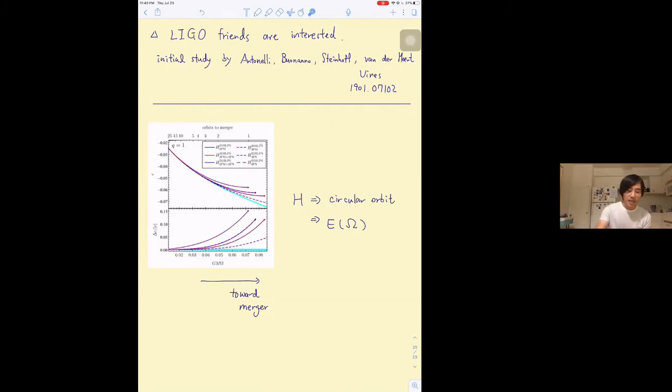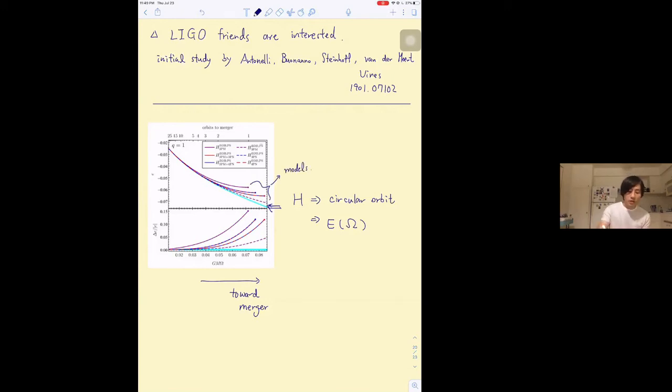You can see that all the predictions roughly agree with each other initially, but in the end they start to deviate from each other. The light blue line is the result from numerical relativity, which you can take as the truth. And these different lines are different theoretical models.